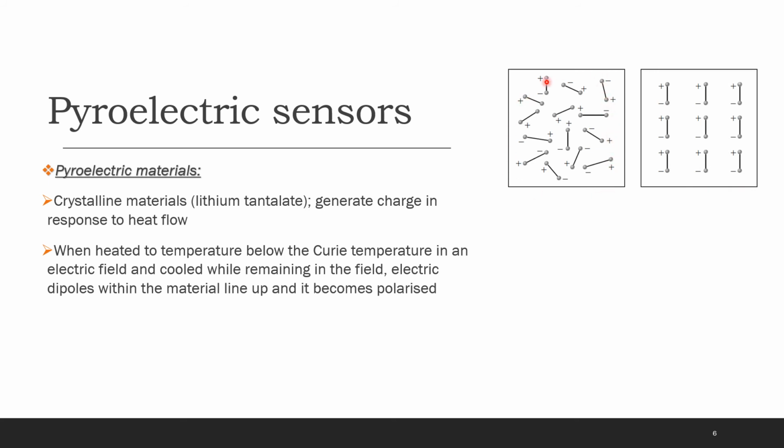Initially, when the material is at room temperature, the dipoles are arranged randomly and the charges are neutralized. When the material gets heated due to the infrared radiations and is cooled in the electric field, the dipoles get arranged and the material gets completely polarized, as you can see in the second diagram.